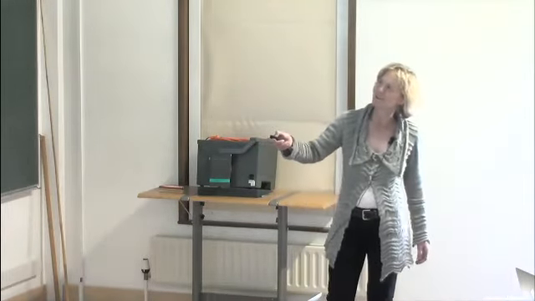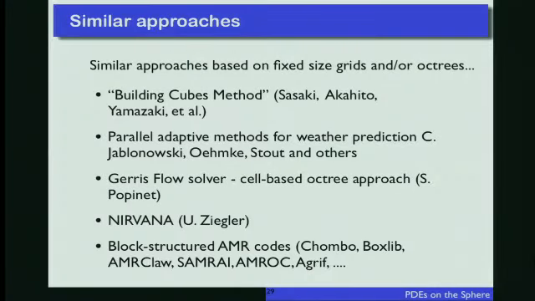Jablonowski and Ullrich, I think, are doing something similar with fixed size grids, maybe on an octree. Jaris is a flow solver that's a cell-based octree approach. And Nirvana, I believe, is also an octree-based fixed grid approach.